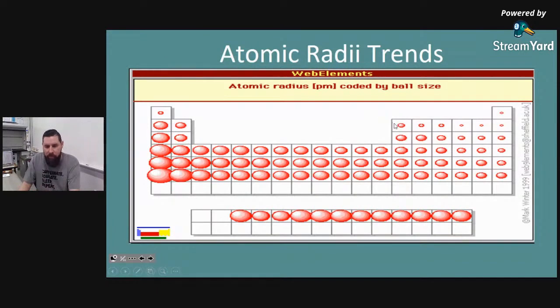Okay, so if I'm looking through this, by the time that I hit nitrogen right here, I actually see a slight increase in the same thing as I'm going across each subsequent period. Okay, and in a later video, I'll get into why that occurs. Okay, but general trend as you go across.